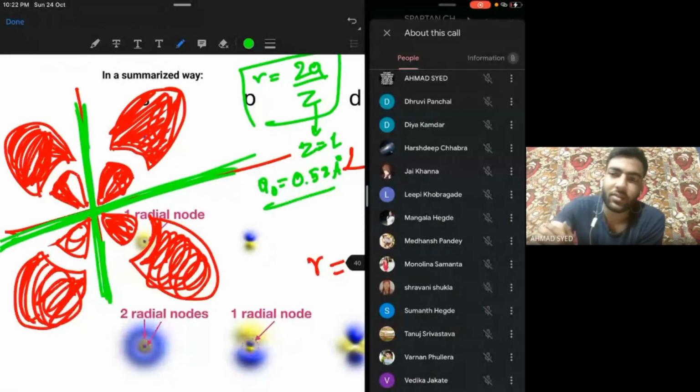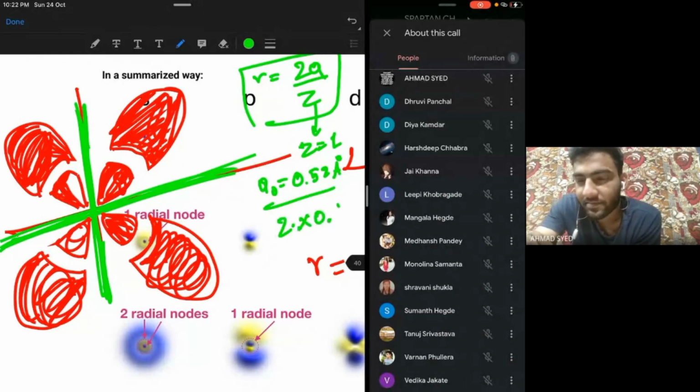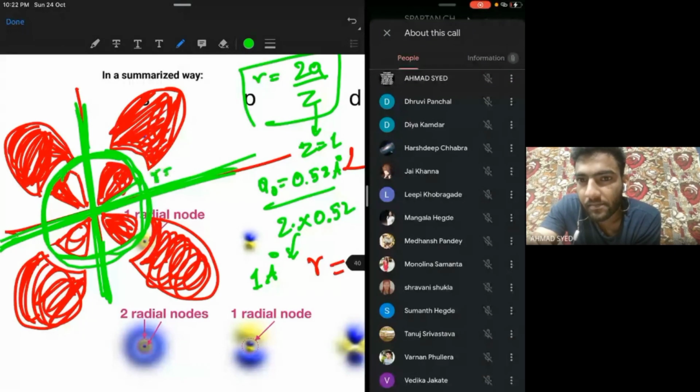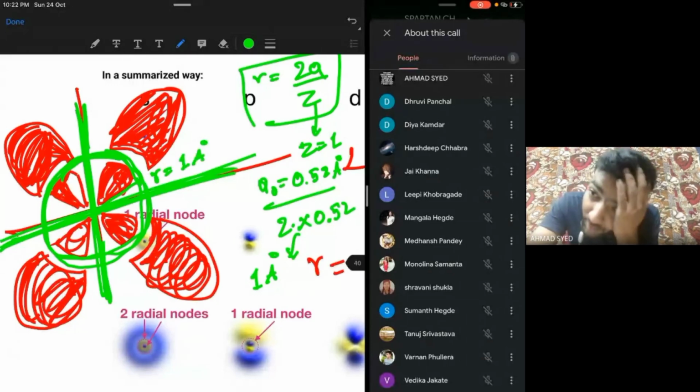So 2 into 0.52 angstrom is about 1 angstrom. So at a distance of 1 angstrom from the nucleus, in all the places which are r equals 1 angstrom away, the probability of finding the electron will be 0.